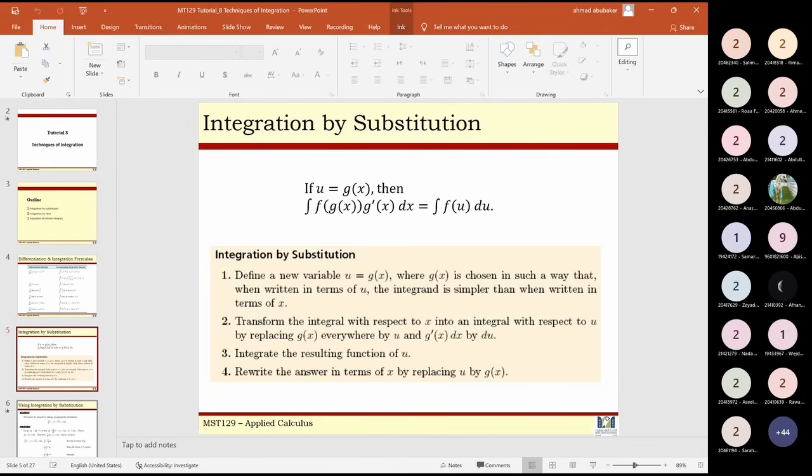Now, firstly, integration by substitution.